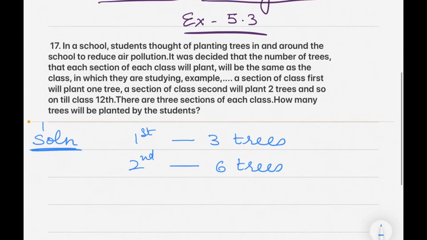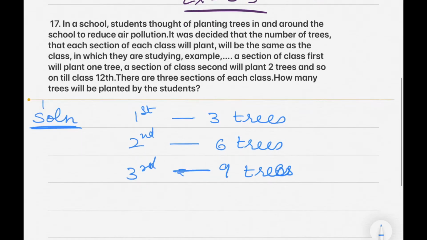And then third class, three sections, so 3 3s are 9 trees. Okay, so I can see it is like an AP.